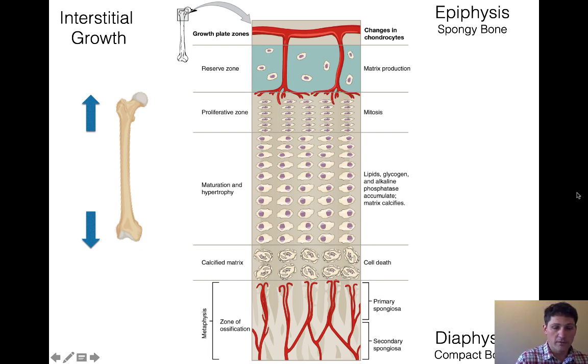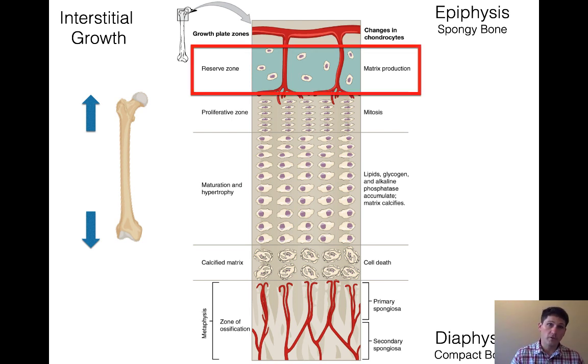Okay, so let's look a little bit at these zones first. Our first zone is called the reserve zone. Just to clarify, we have the epiphysis of our spongy bone, which would be up here, and our diaphysis, this part of the bone way down here, just to give you reference. So we're zooming in on the growth plate and the different zones within those growth plates.